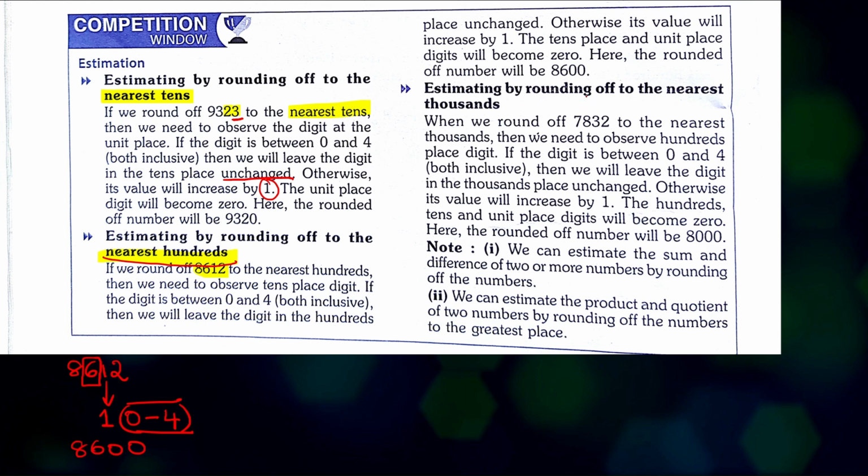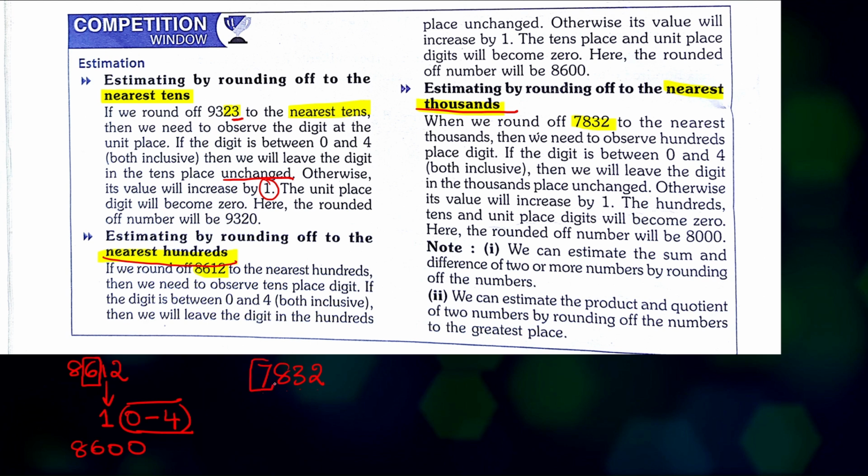Estimation by rounding off to the nearest thousands. Here they have given an example of thousands, and the number is 78782. So they have asked us to round to the nearest thousand. So it is ones, tens, hundreds, thousands.